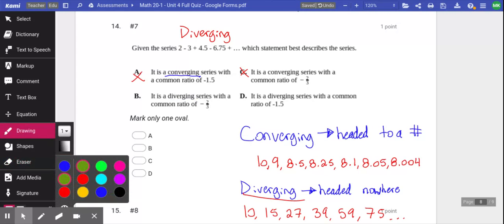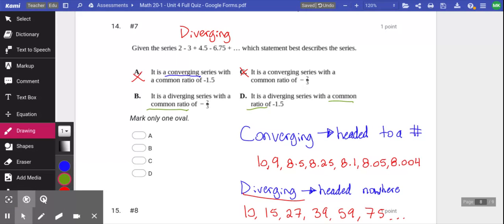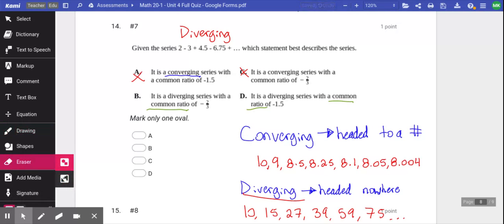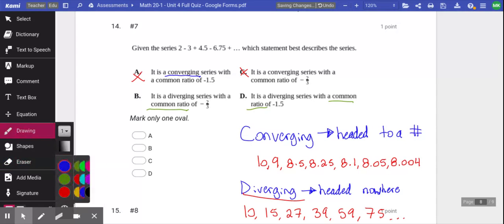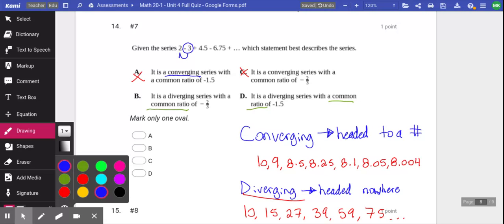The next thing is figuring out the common ratio. Common ratios are hard to find. They're not always just obvious, right? So to find your common ratio, what you want to do is take one of the numbers in your series. Let's take -3, and you want to divide it by whatever's in front of it.